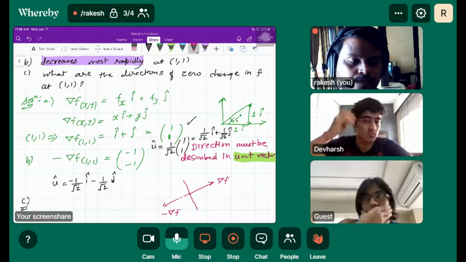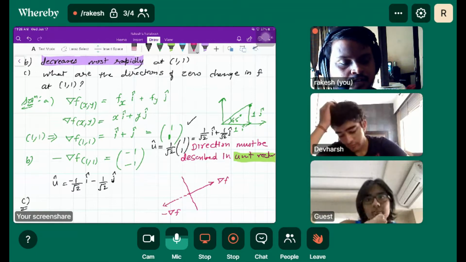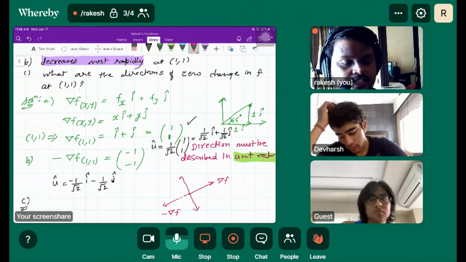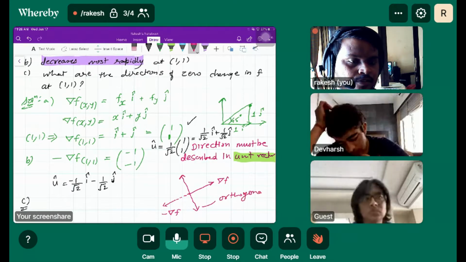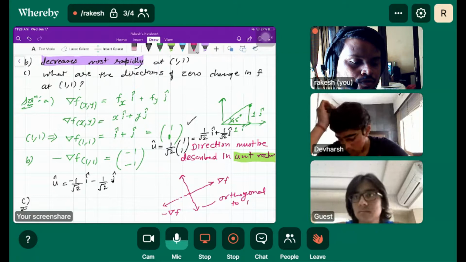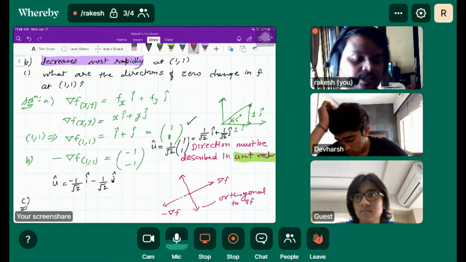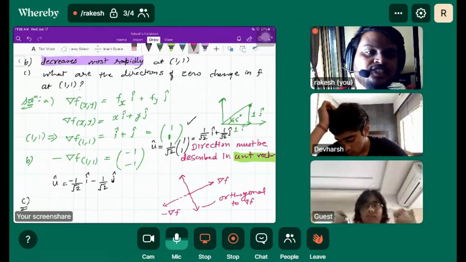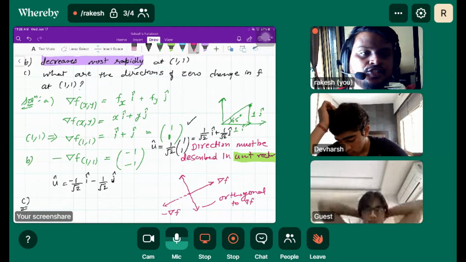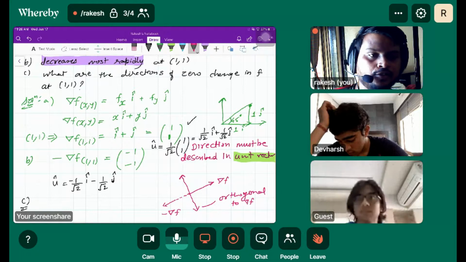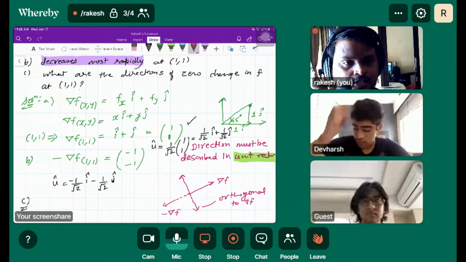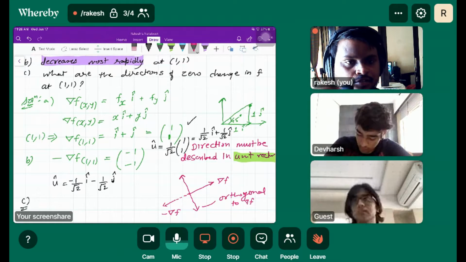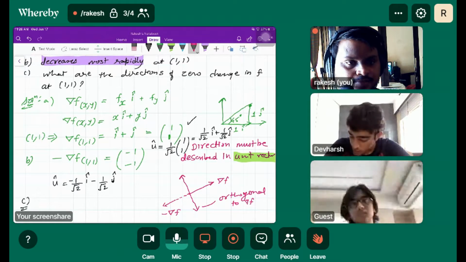So we have to find out the direction of these two lines. These are orthogonal or perpendicular to del f, right? So there the change is zero, because we already discussed that the dot product is zero with the directional vector, right?